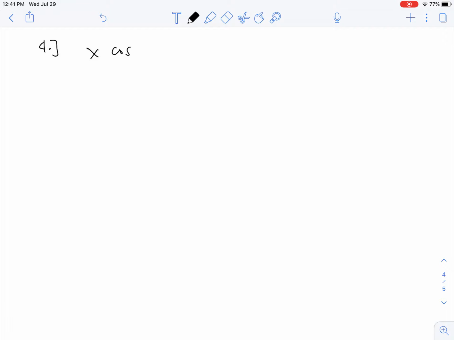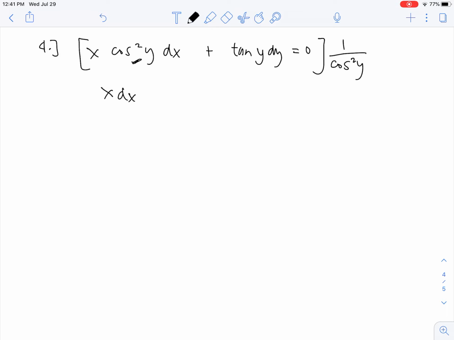X cosine squared y dx plus tan y dy is equals to 0. So next is separate the variables. So ano to na? Para mahawa na, may multiplied by its reciprocal. So this is now x dx then plus tan y over cosine squared y dy is equals to 0.